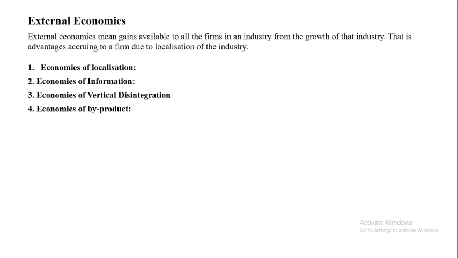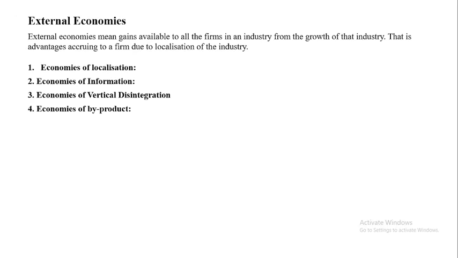Then next is external economies. External economies means gains available to all the firms in an industry from the growth of that industry. So an industry means the firms or the group of firms which produce the same product.